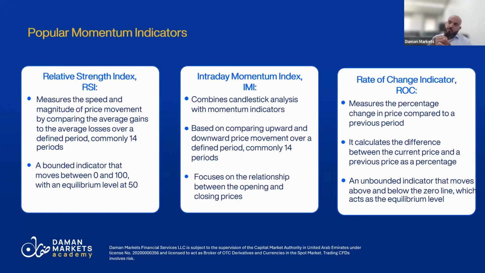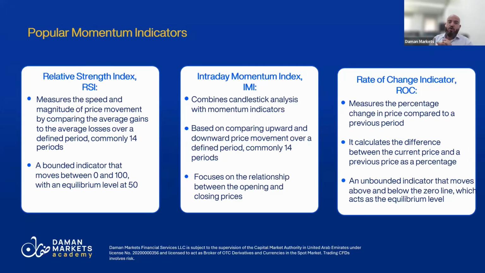So to measure if a move is up or down, we don't compare the closing price of today with the closing price of yesterday. We compare the closing price of today with the opening price of today. This is why it has something from candlesticks, because the candle color is determined based on the difference between the closing price and the opening price. Okay, this is the major difference.